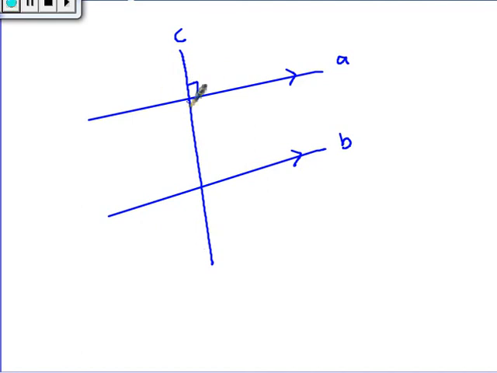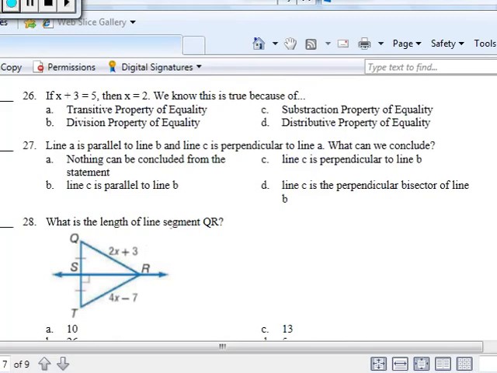You got 4 90-degree angles. Corresponding angles, Cat. If this is 90 degrees, how big is this angle right here going to be? Because it's corresponding, correct? So does everybody understand if it's going to be perpendicular to A, it's going to be perpendicular to B as well? So that's what we can conclude. Line C is also perpendicular to line B.